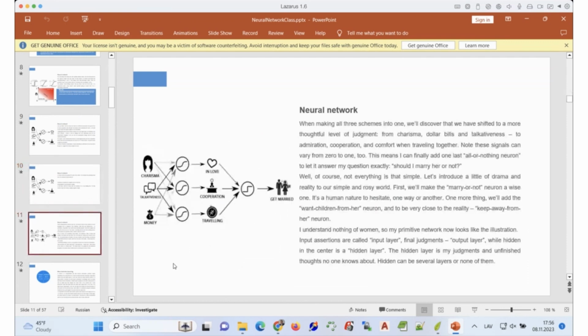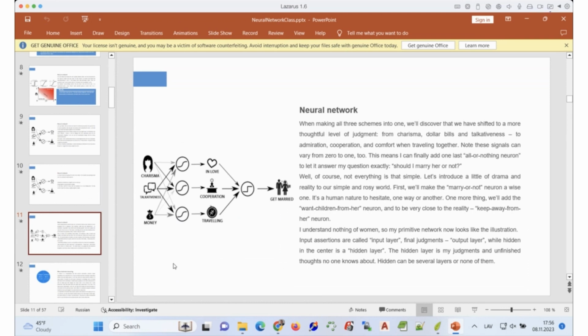All right, and surely every decision about the person, let's say how good the person is according to our own thoughts, whether the person will be a good life partner, good for cooperation or joint work, good for traveling, could lead us to further conclusions.